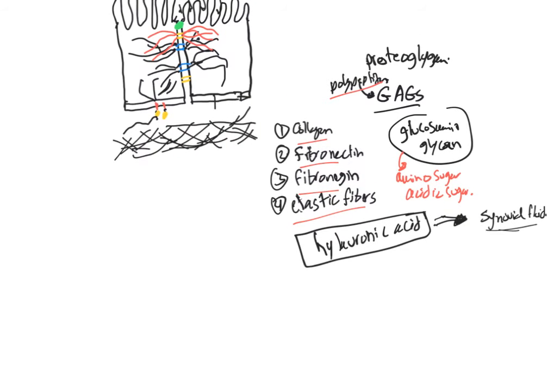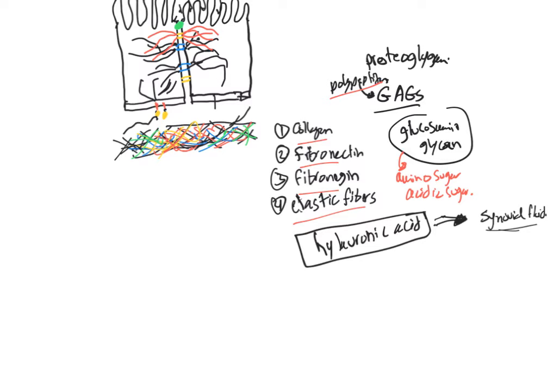Okay, so all of these things are here. They create networks together, and it forms a really tight network, so that it's really strong and can resist any kind of stress.